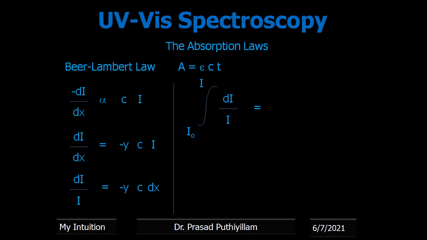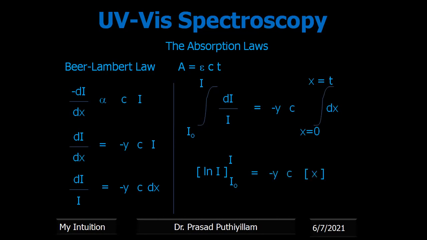Only the variable can be integrated. So minus y c times the integration from x equal to 0 to x equal to t of dx will be equal to the natural logarithm of I, which is the integration of dI by I, with the limits from I0 to I. It will be equal to minus y, a constant, c, a constant.